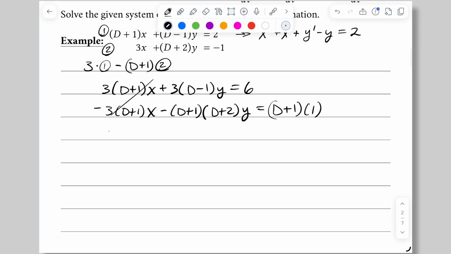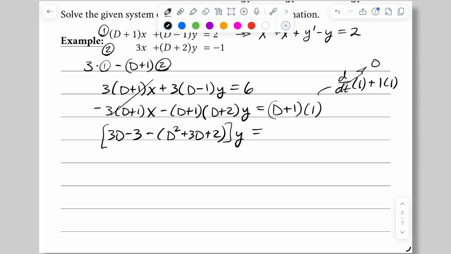And we have 3D - 3 minus the quantity D² + 3D + 2, all of that acting on y, is equal to, on the right-hand side, (D + 1) acting on 1. Remember, that is the derivative with respect to t of 1 plus 1 times 1. The derivative of 1 is 0. We're adding that 1 that resulted from 1 times 1 to 6, so the right-hand side becomes 7.